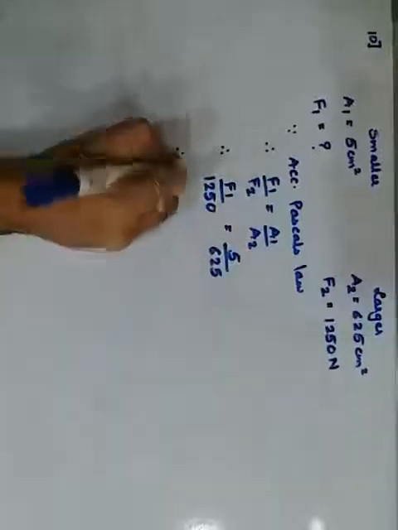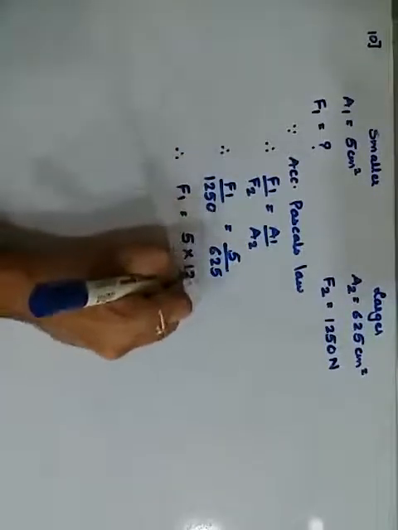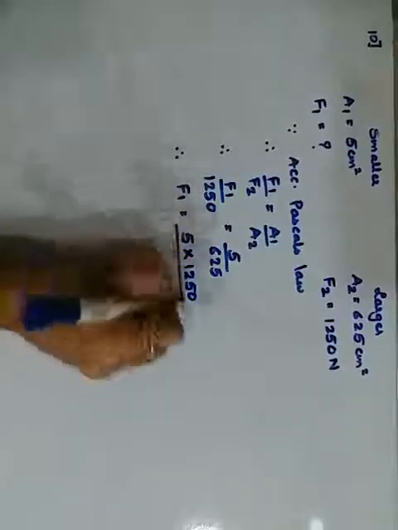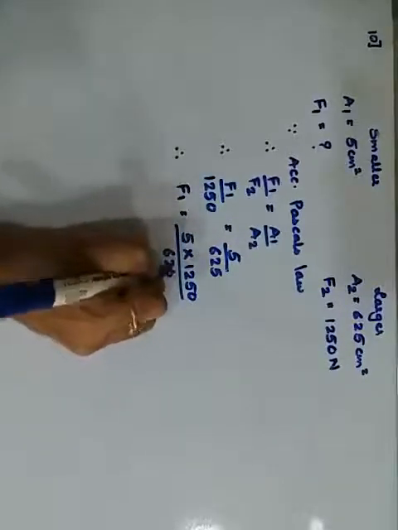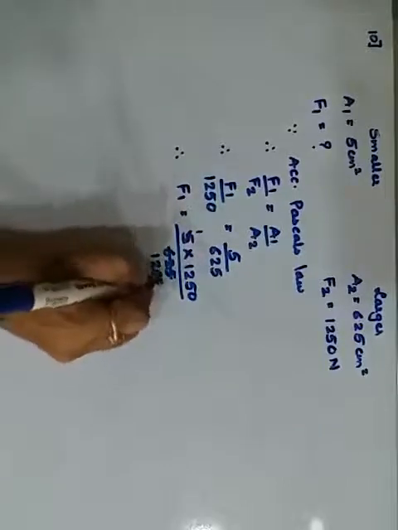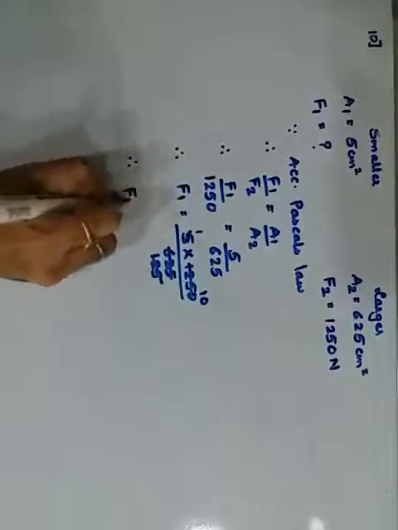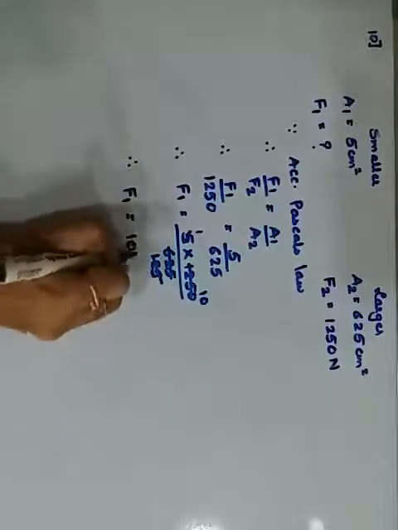Cross multiply. Therefore your F1 is 5 into 1250 upon 625. Getting it? 5 ones are 5, 125, and 125 ones are 125, and it becomes 10, and therefore the force applied on the smaller piston is just 10 Newton.